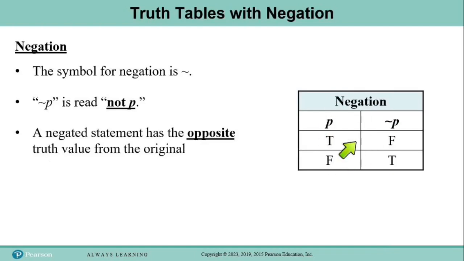That's what we see in the truth table here. We have our statement P, and then in the next column we have not P. What this truth table says is that when statement P is true, then not P is false, and when statement P is false, then not P is true.